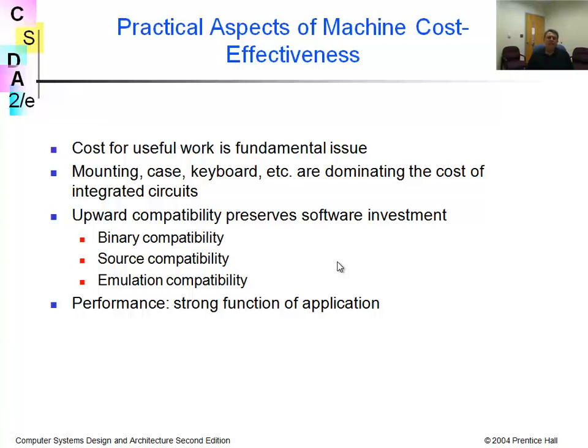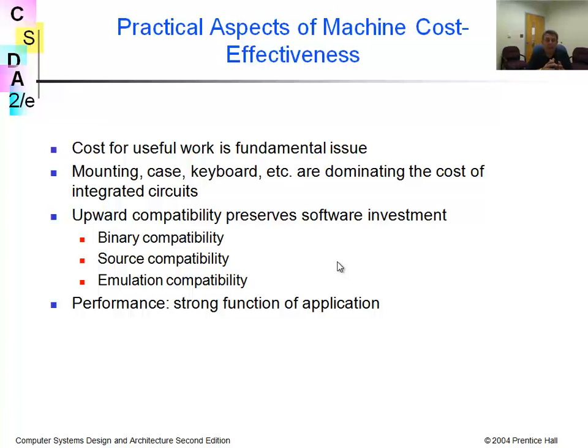There are some practical aspects for the machine cost effectiveness, and we want to know what it is. It is extremely important that for every dollar spent in manufacturing, building, designing a computer system, we know how much work for that $1 we're going to get.